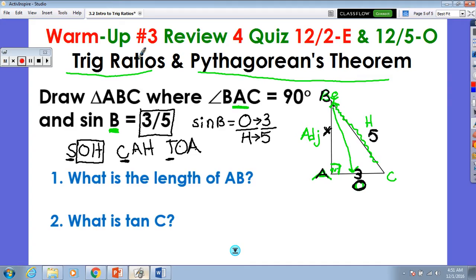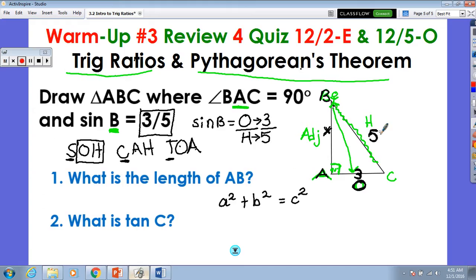Now, do we use a trig ratio or Pythagorean's theorem to find a missing side? You should have known that we use Pythagorean's theorem. As long as we have a right triangle, a squared plus b squared equals c squared.